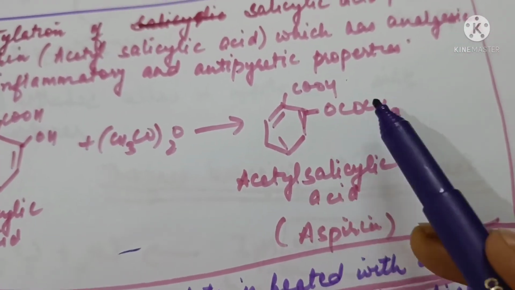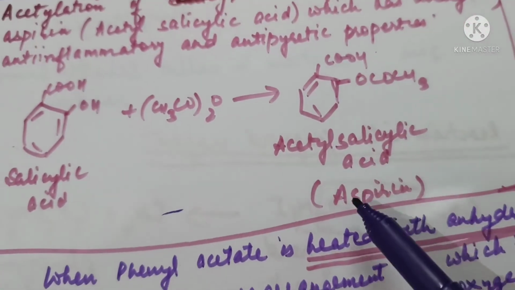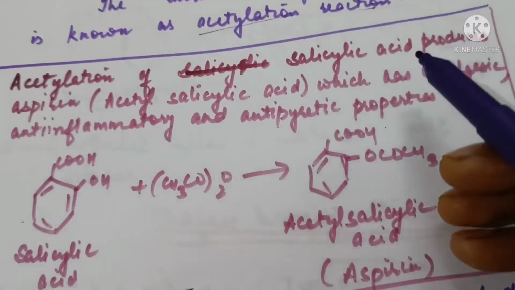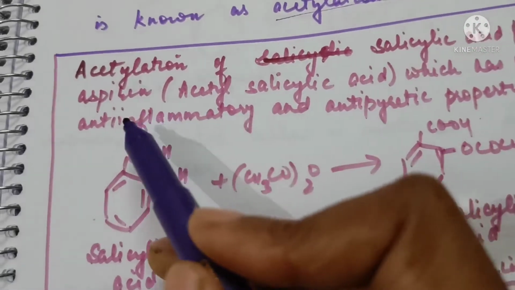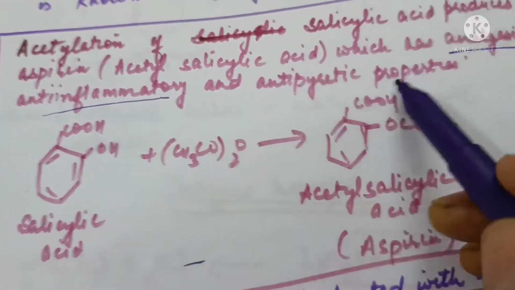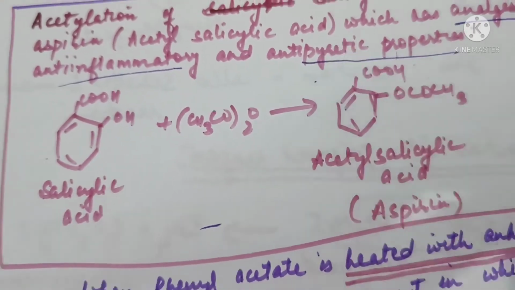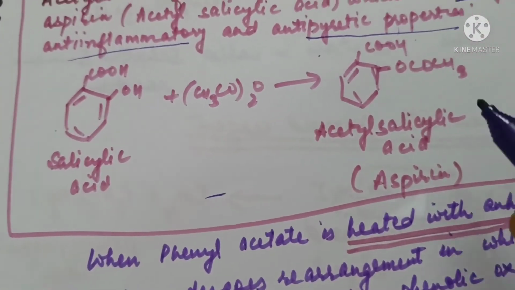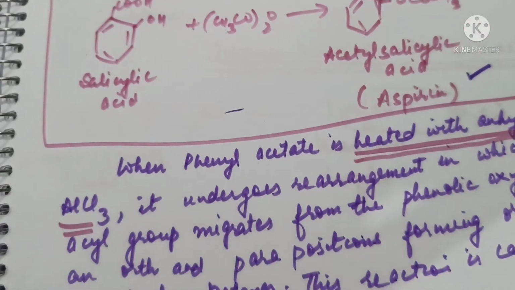So we get acetylsalicylic acid. This is called aspirin. It has analgesic properties, that is, it reduces pain; anti-inflammatory properties, it can reduce inflammation; and antipyretic properties, it can reduce fever also. So it's an important medicine, aspirin.